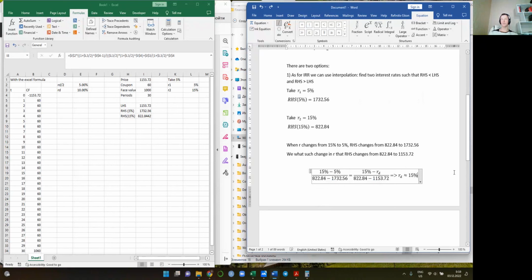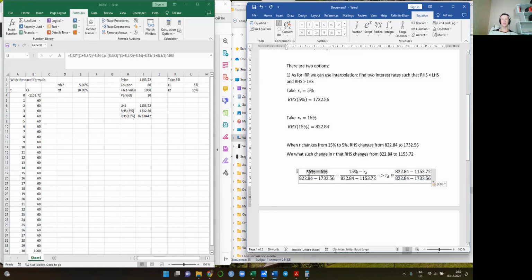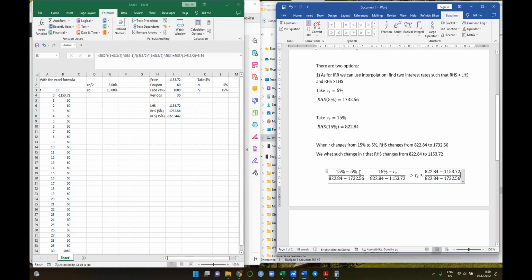We have this from the denominator divided by this, multiplied by this difference on this side.